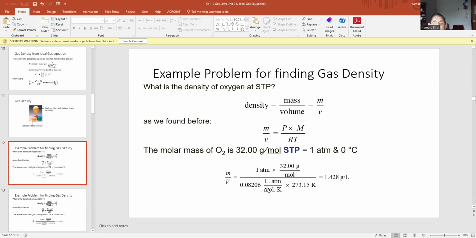So m over V: the pressure is 1 atmosphere, the molar mass is 32 grams, the gas constant is 0.08206 liter atmosphere per mole Kelvin, and the temperature at STP is 273.15. When you substitute it, you get 1.428 grams per liter.